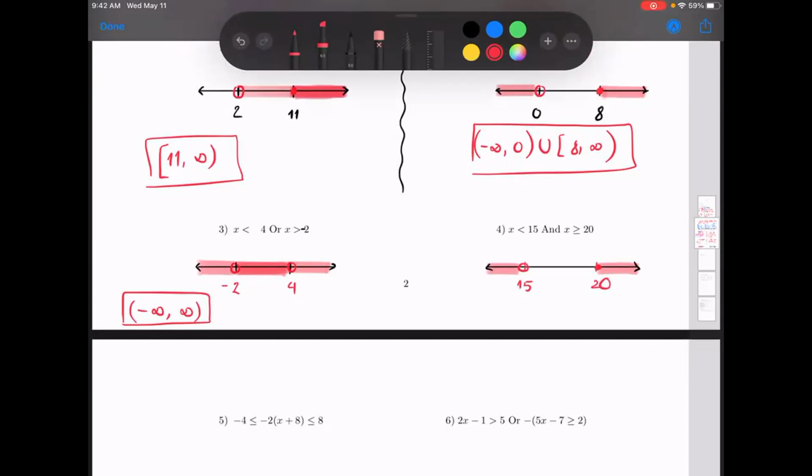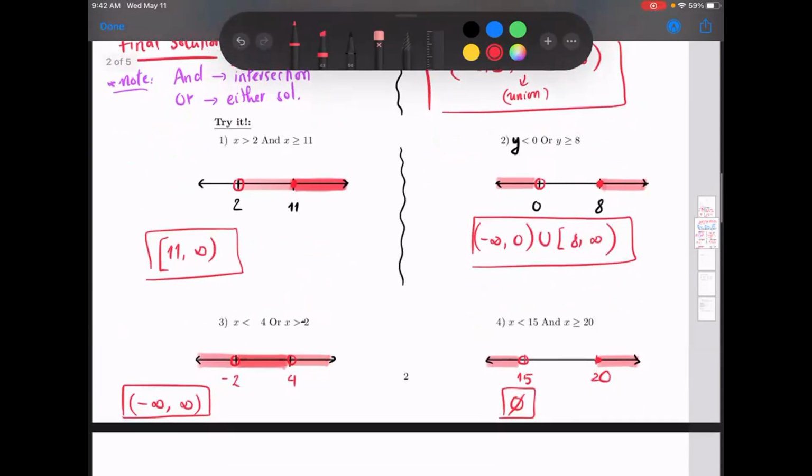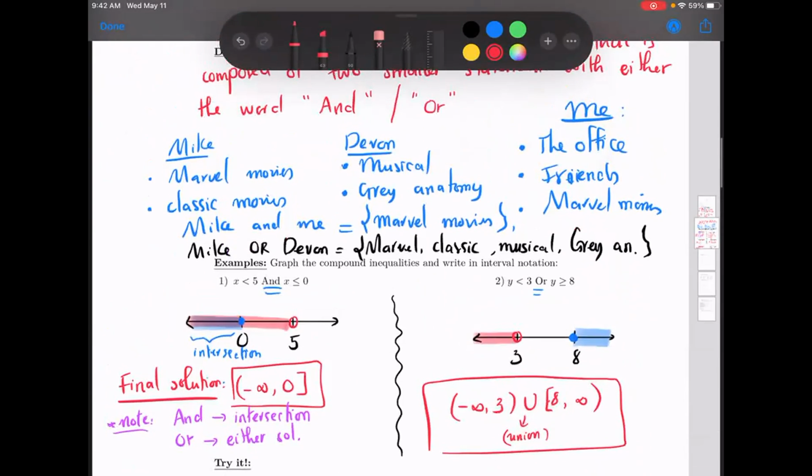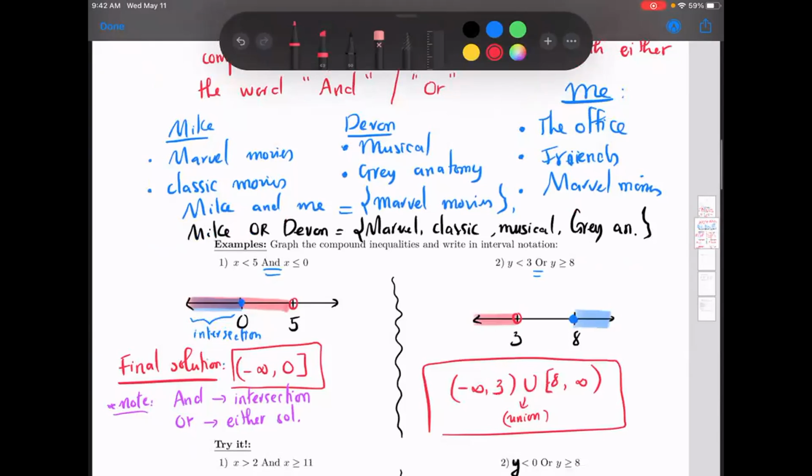Do you see any intersection? No, right? So the solution will be no solution, the 0 with the cross, that means empty set. Going back to the movie example, if I want to know the common movie between Mike and Devin, none, empty set, right?